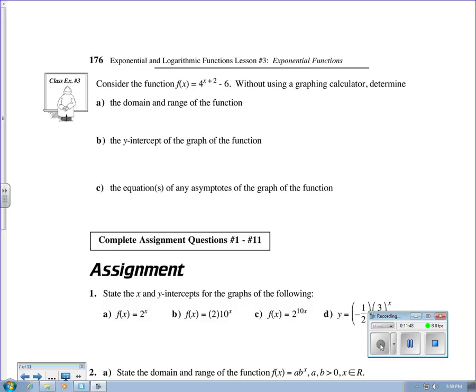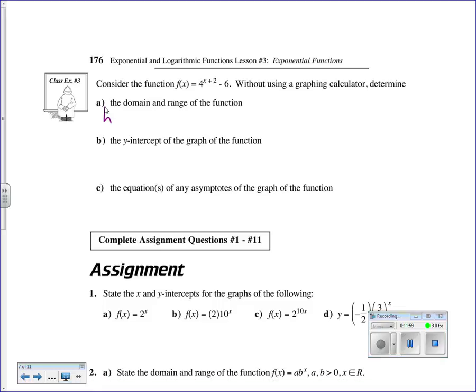The domain and range of the function. When you look at that, what do you see? I want to start envisioning what my graph is doing. I see an h value and a k value. My h value is focusing on the 2, and my k value is focusing in on the -6.